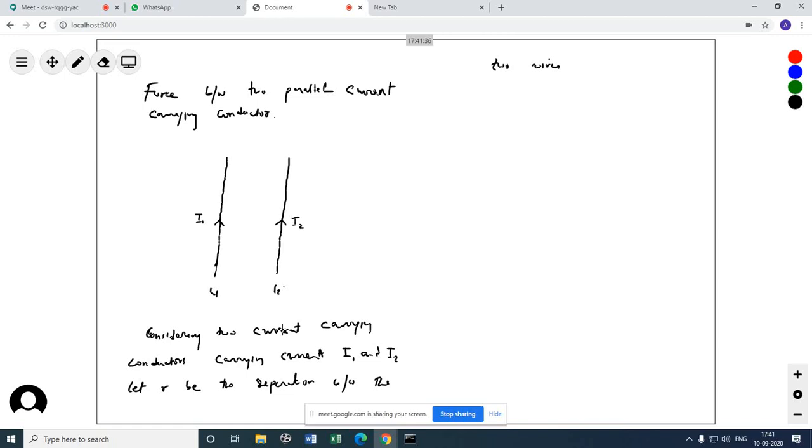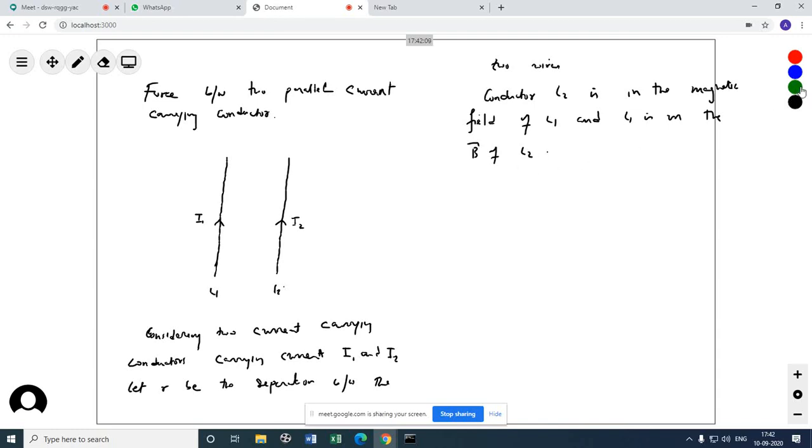Now, if you look closely, conductor L2 is in the magnetic field of L1 and L1 is in the magnetic field of L2, right?